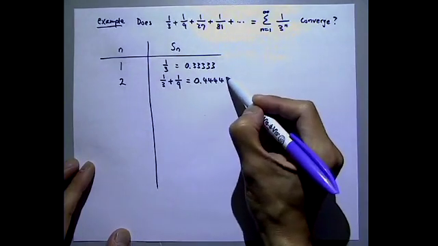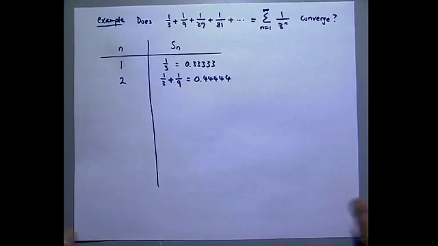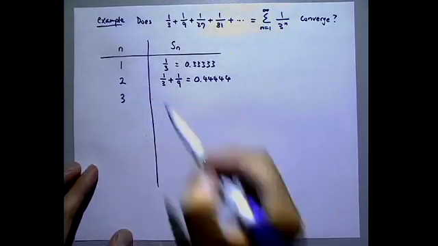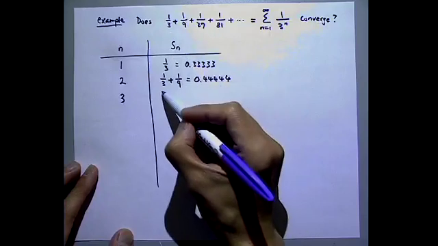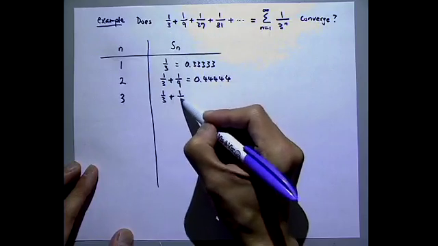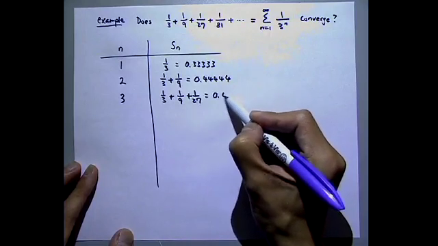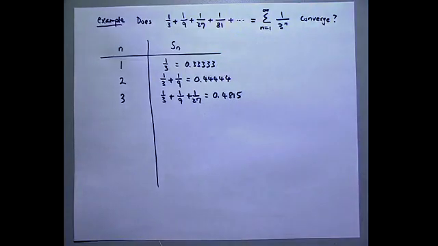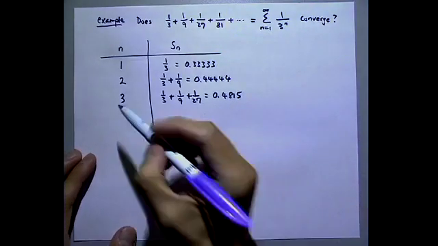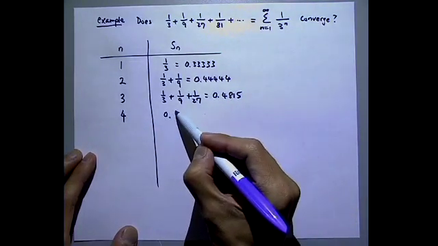I calculated these beforehand. It's about 0.444 repeating. The third partial sum is the sum of the first three terms, 1 over 3 plus 1 over 9 plus 1 over 27. And it's roughly that. Okay, now you get the idea.